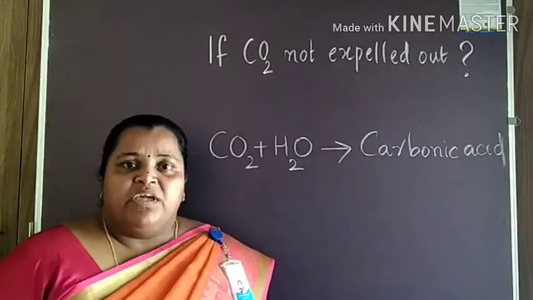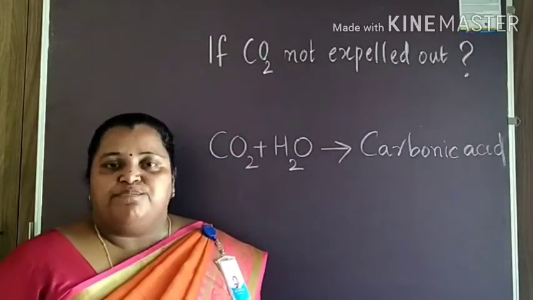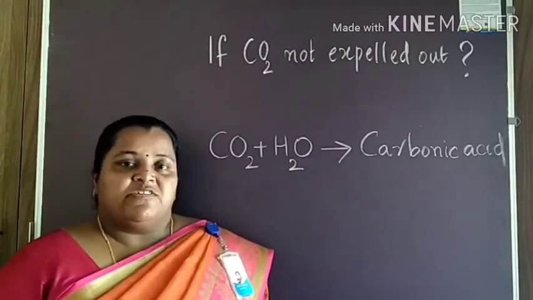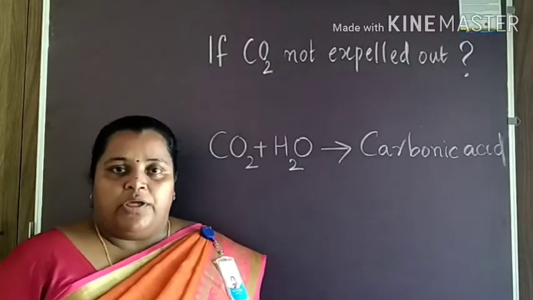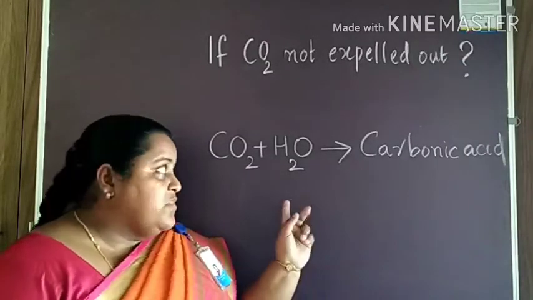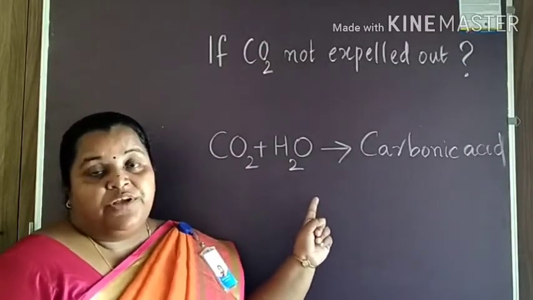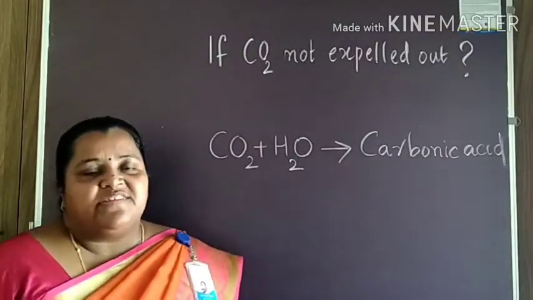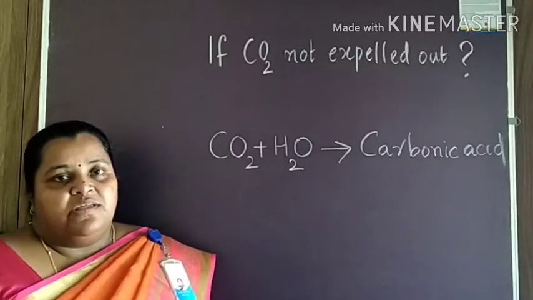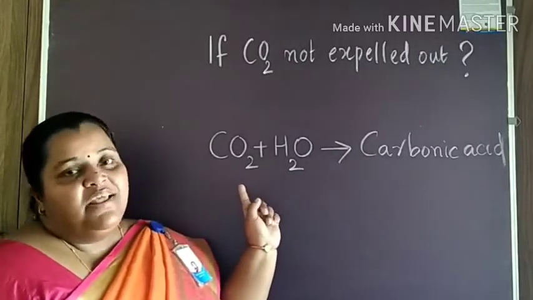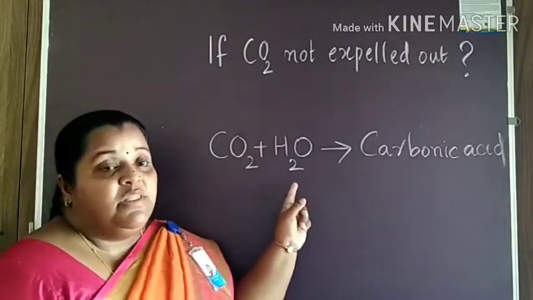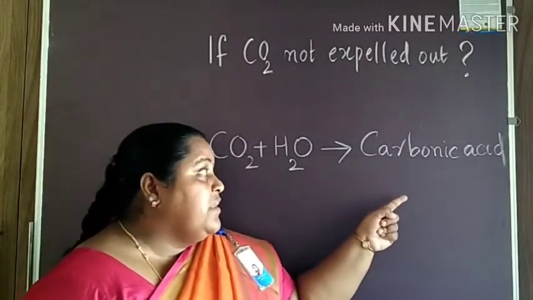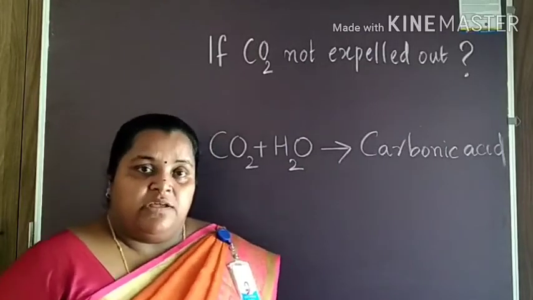What will happen if carbon dioxide is not expelled from our body properly? Then the carbon dioxide level increases in our body. Carbon dioxide combines with water in and out of the cell and forms a compound known as carbonic acid.